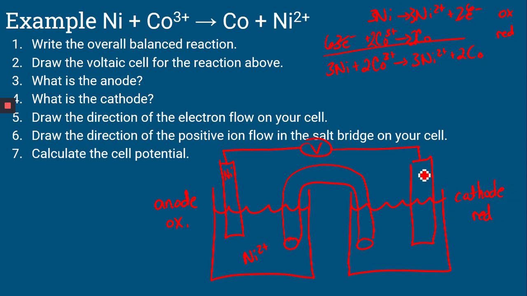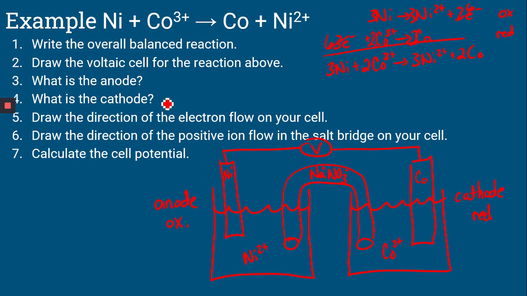The solid in the reduction is cobalt, and the ion is cobalt 3+. For the salt bridge, you would want to show any inert electrolyte. Again, I like just to choose anything from group 1, and then nitrate, because I know that those things are aqueous, so you could really show them as the ions if you wanted to, and they're not going to react with anything.